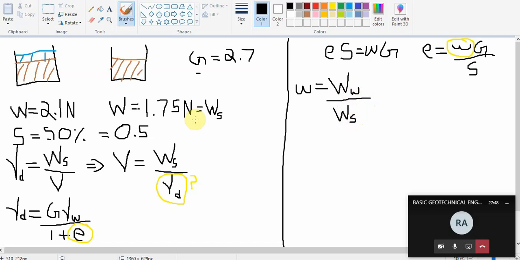Weight of solids is given, it is 1.75 Newton, but weight of water is not given, but we can calculate it. Weight of water is equal to this weight minus this weight. The first weight minus second weight will give you weight of water. Total weight of the soil minus weight of solids will give me weight of water.